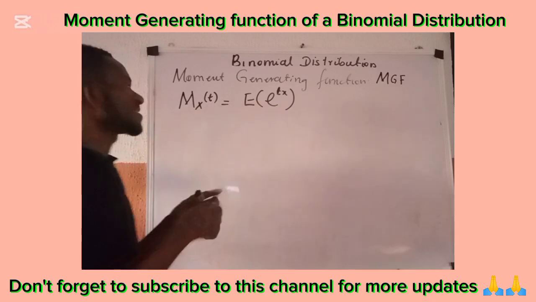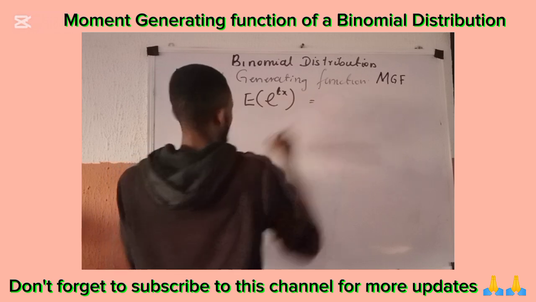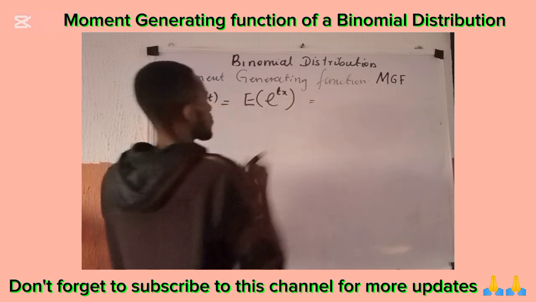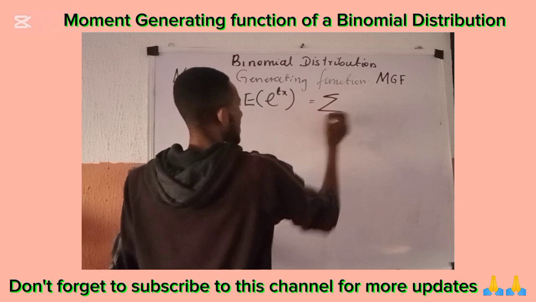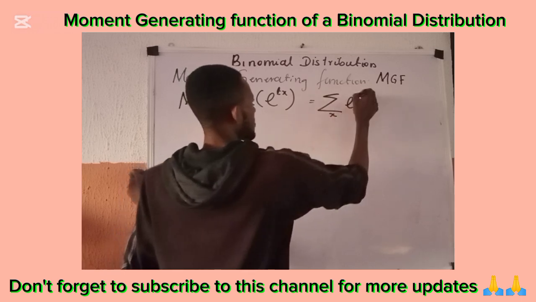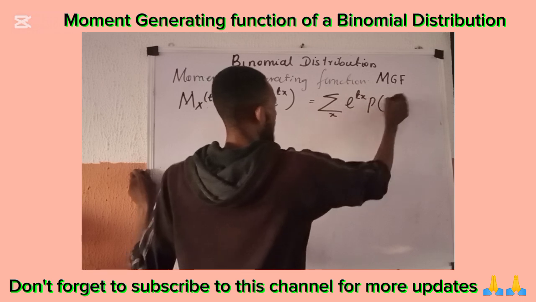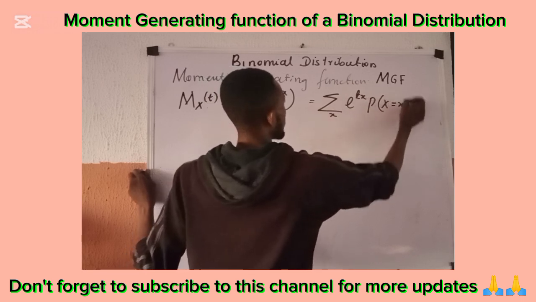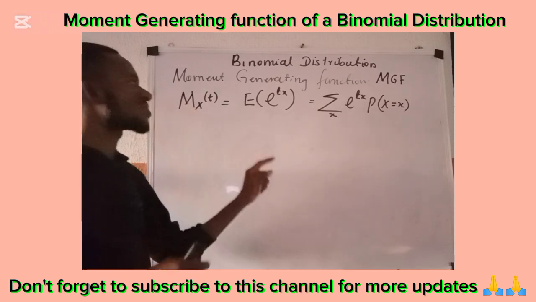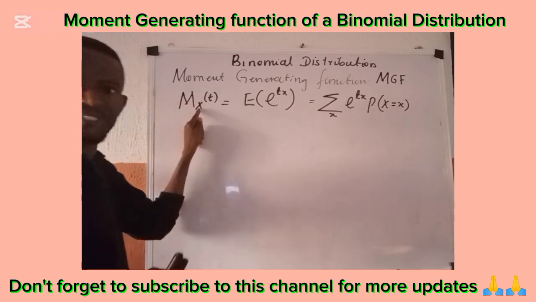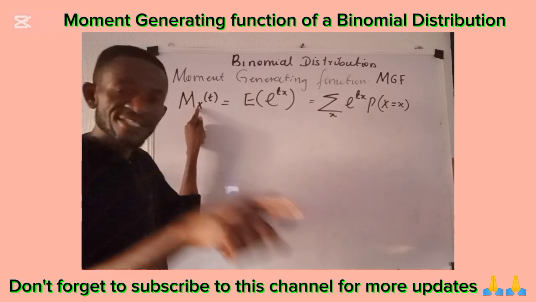And of course, it is expressed as the sum over the range of x of e of tx times P of capital X equals small x. So it becomes the moment generating function of any random variable x that is discrete in nature.